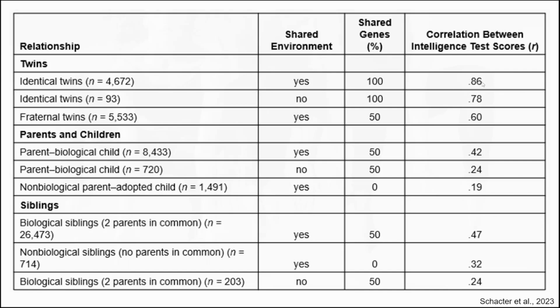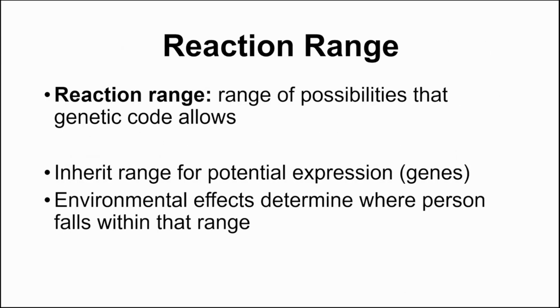While yes, 0.86 is a very, very high score, that's still not explaining everything. So what else could it be? If it's not genes and it's not our shared environment, what else is there?